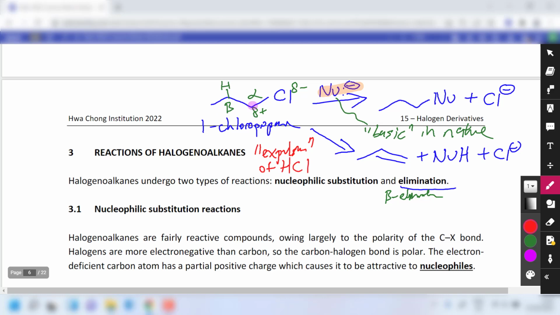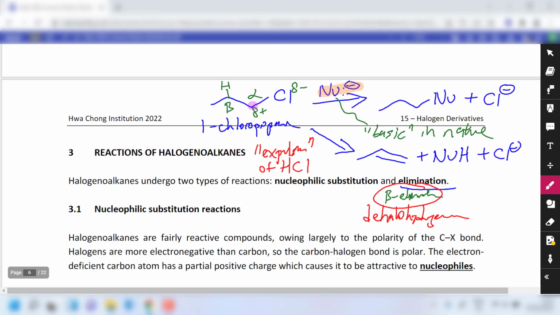Such a reaction in the past is also known as dehalohydrogenation. I repeat, such elimination in the past is also known as dehalohydrogenation. But this name is not so commonly used nowadays.